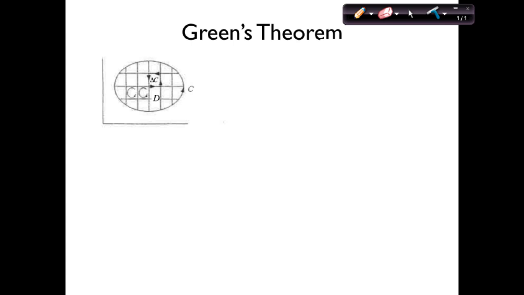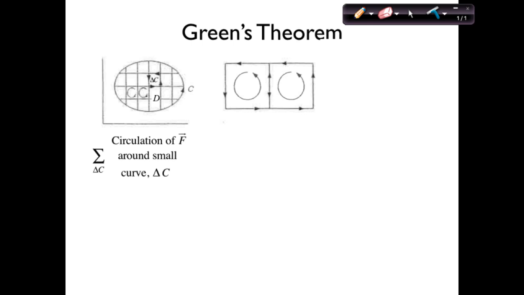I'm going to partition up D into little elements, and we're going to sum up a bunch of little circulation integrals for each element. So the circulation of f around each small curve, we're going to sum all those up. Okay? And then what happens when we do that?